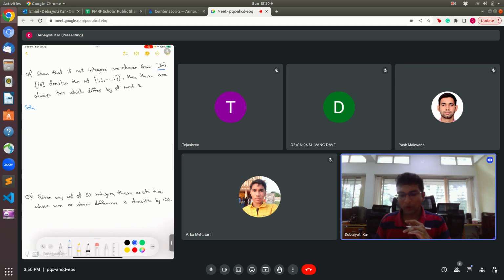So this problem we are going to solve using contradiction. So assume it is not the case. That is, out of these n plus 1 numbers, the difference of no two numbers is at most 2.